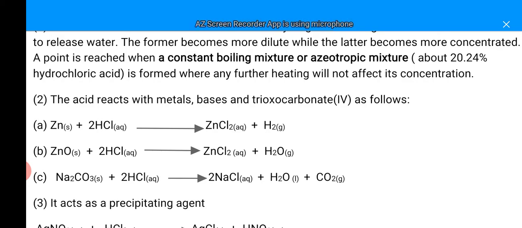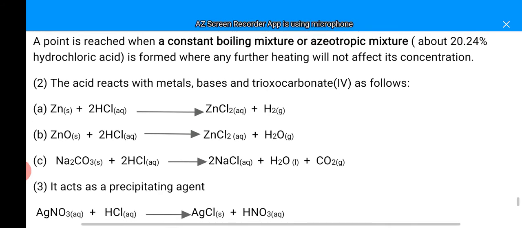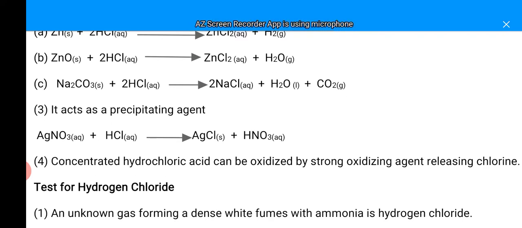Now, HCl acting as a precipitating agent. HCl, that is hydrochloric acid or the dissolved hydrogen chloride gas in water, when it acts as a precipitating agent, how does it behave?